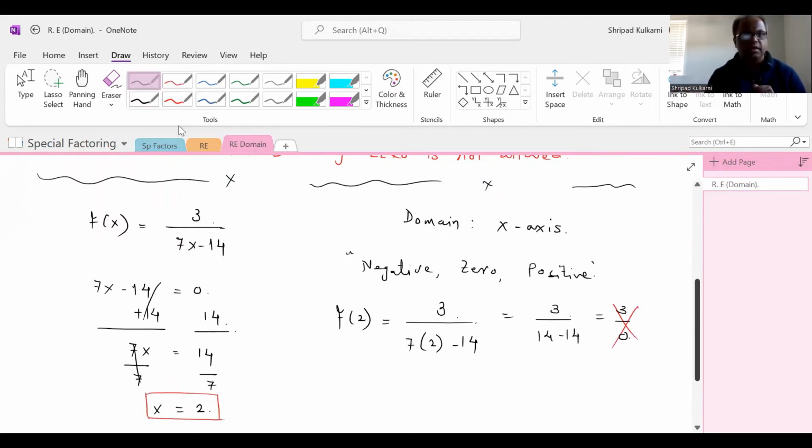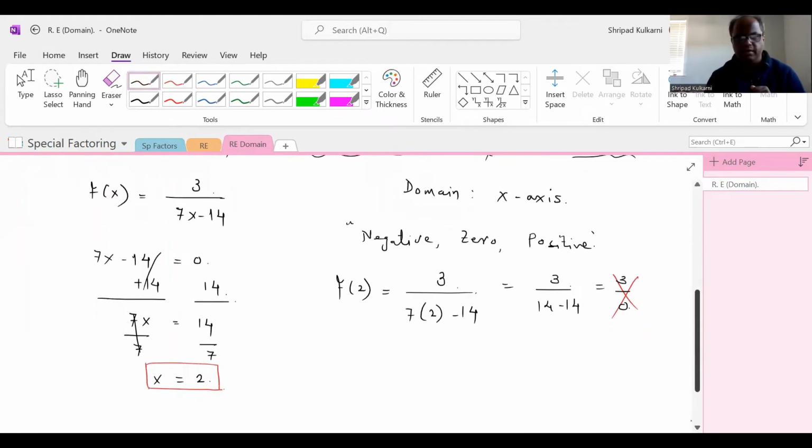So I want to avoid this point. In the domain, I will have 2 brackets. x can take all the values from negative infinity to positive infinity, but not this 2.